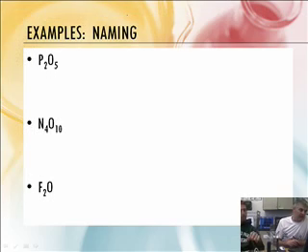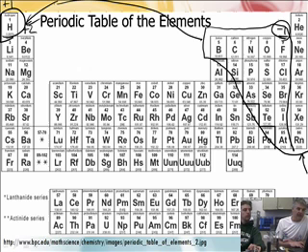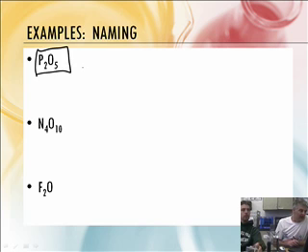Now here we have P2O5. P and O are both non-metals, so we use the Greek naming system. Most students love this system. These are easy.